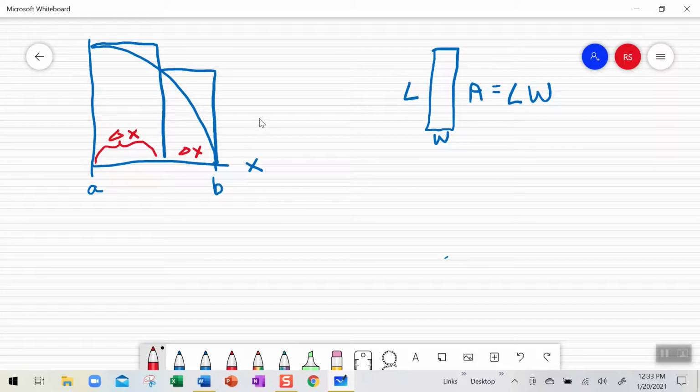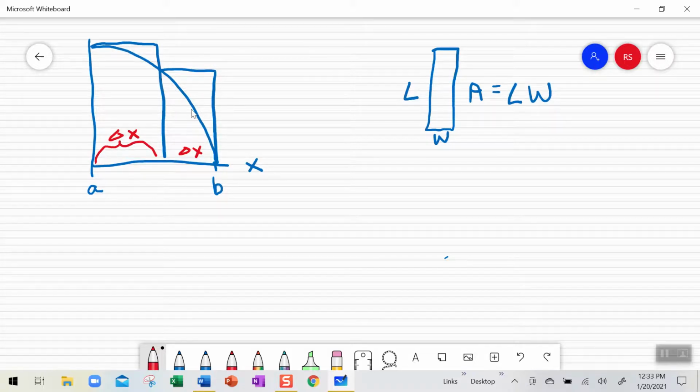Well, if I want to find the area of these rectangles, I'm going to use the formula length times width. Now, how do I find the length of the rectangle? Well, the length of the rectangle is basically the height of the rectangle. And to find the height, we need to find where the top of the rectangle intersects the curve, okay?